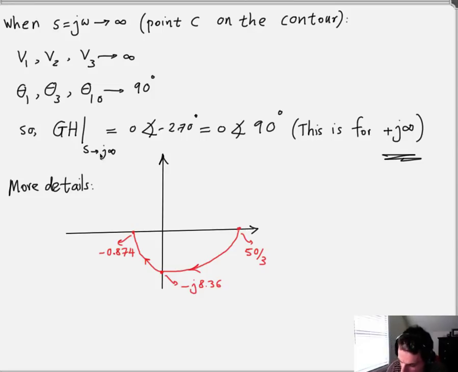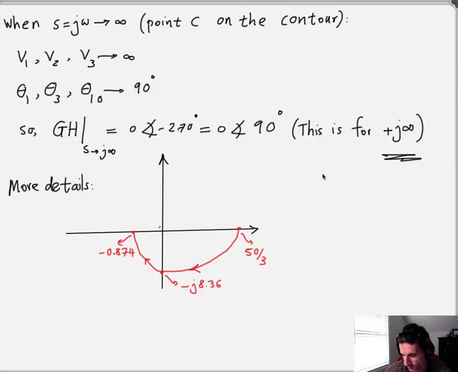So it is going to be something like this. I'm sorry, it's actually going to be a point really right here. But that point will be very, very close to the origin, and the phase angle is going to be 90 degrees.